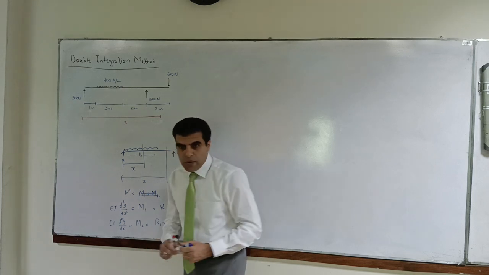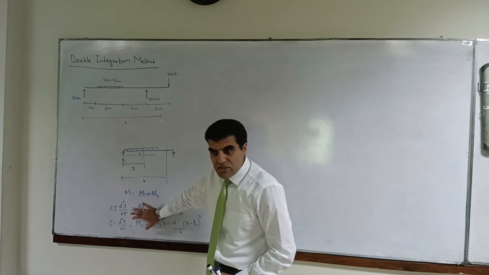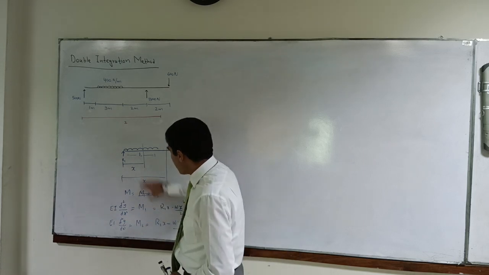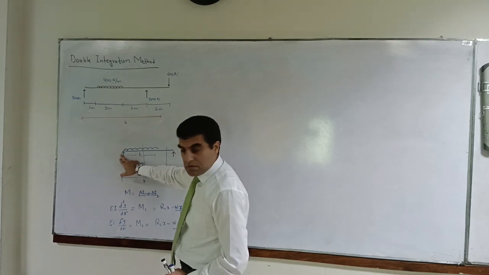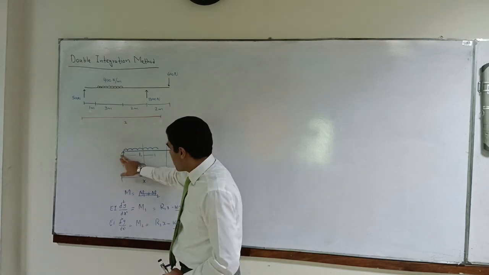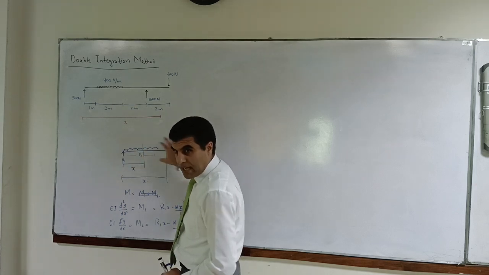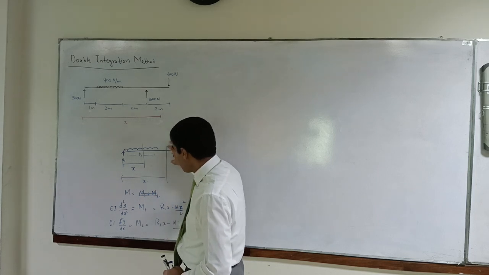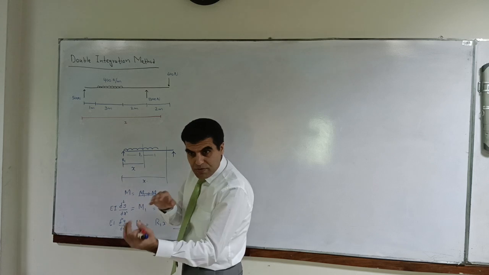Okay, now we will have two equations. Now you have to correlate these two equations somehow. Because in this equation you can apply the boundary condition for this support, but you can't apply the boundary condition for that one. And in this one you can apply the boundary condition for this one but not for the previous one.